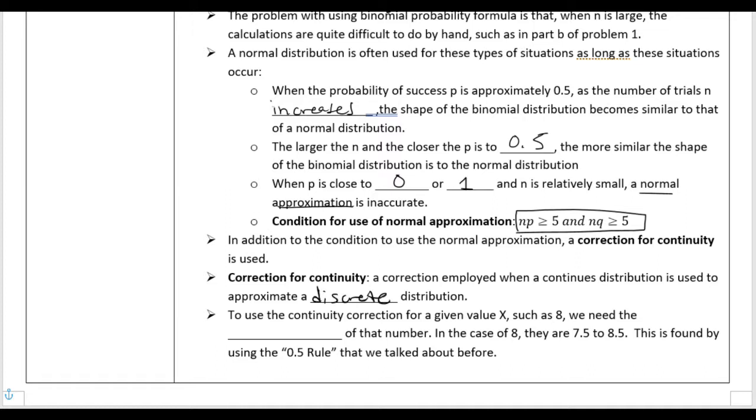You're dealing with whole numbers when you're dealing with binomial, like the number of times you get heads: 1, 2, 3, 4, 5. Those are countable numbers, so binomial tends to be discrete, whereas the normal distribution tends to be continuous. This should say continuous.